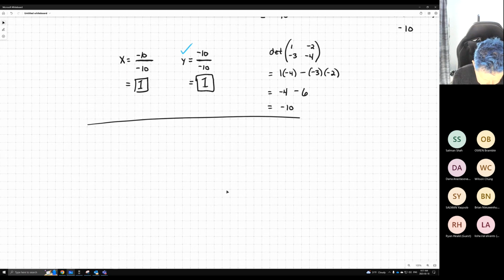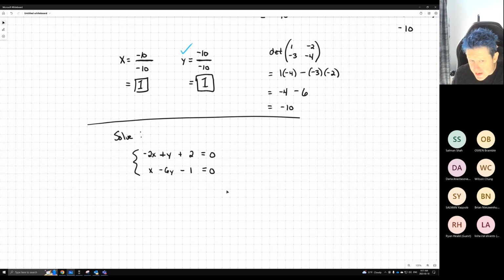Okay, so next example, we want to solve the system. Let's do one that you have to rearrange a little bit. Sometimes you get equations like this. I want to show you how to do something like that using Cramer's Rule.